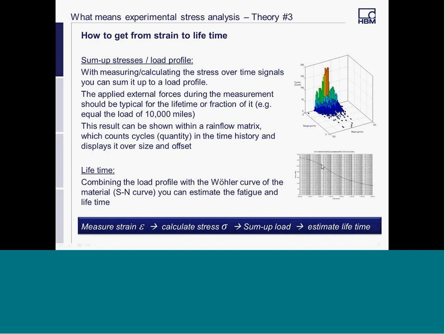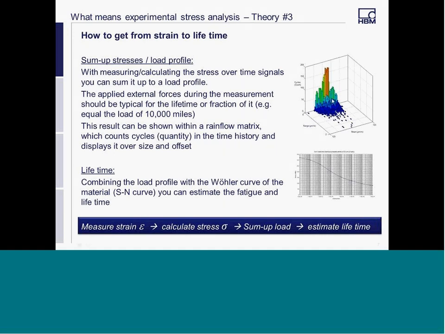For example, on this stress level, it can withstand so many cycles. On a lower stress level, it can withstand many more cycles. This Wöhler curve comes from an experiment. You have to do a lot of experiments to get such a curve for your material.